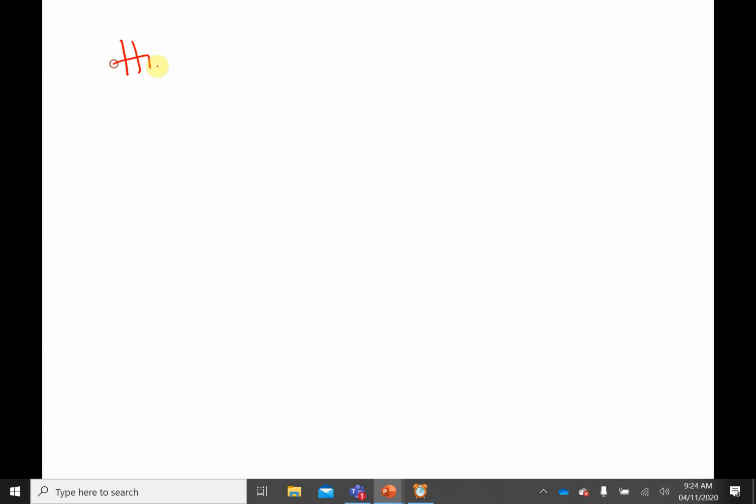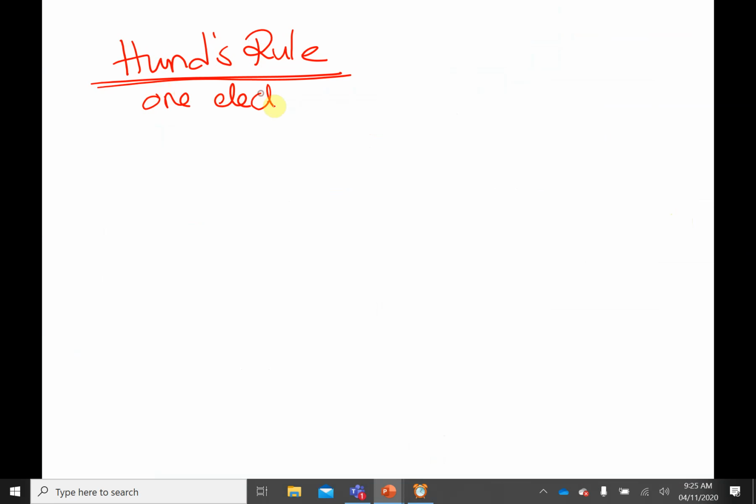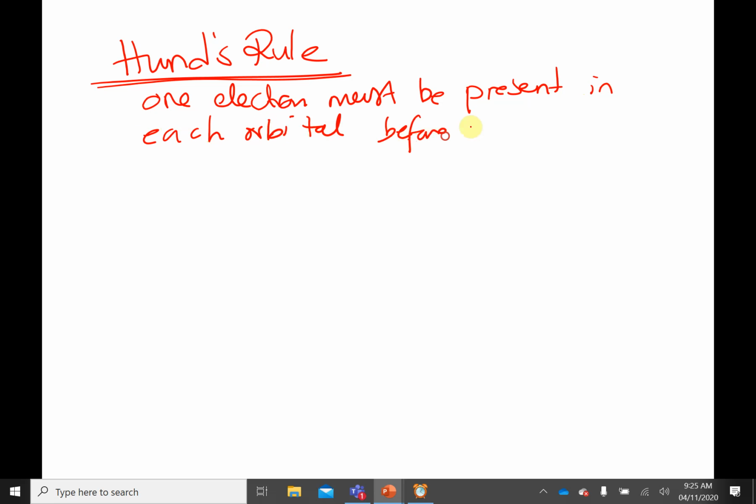Hund's rule simply says 1 electron must be present in each orbital before pairing.